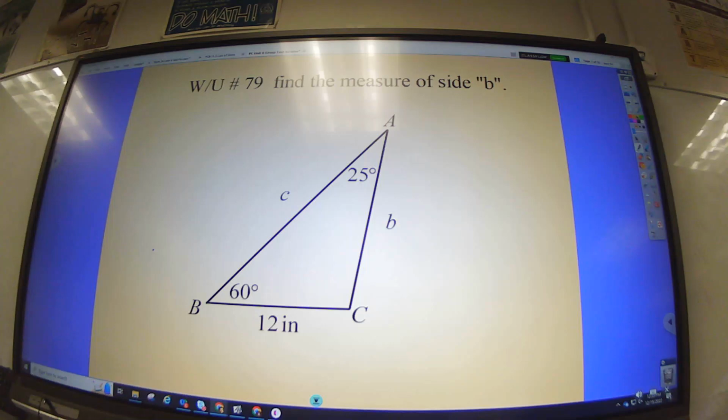I do inverse sine, then the ANS button, which means answer from my previous answer. It throws that in there. And I get B is approximately 27.993 degrees. Got to round that 3 up.